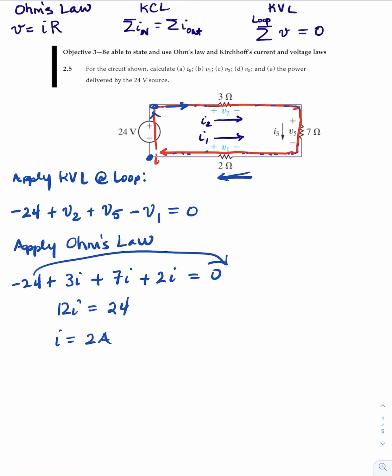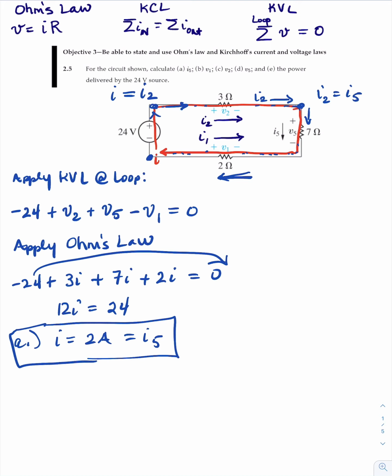So coming in is I, going out is I sub 2, so those are equal. At this node we have I sub 2 coming in and I sub 5 leaving, so I sub 2 is equal to I sub 5. So we can say I sub 5 is equal to I. So we have an answer for I sub 5. Okay, so that's A.